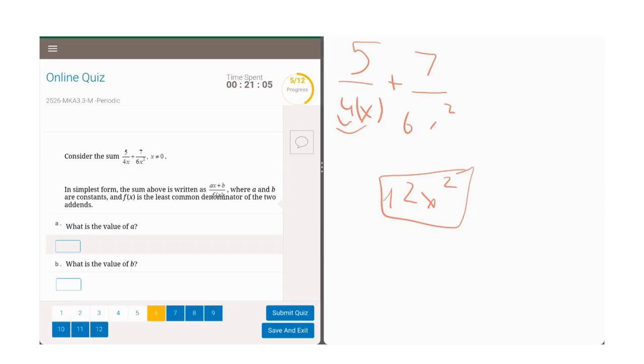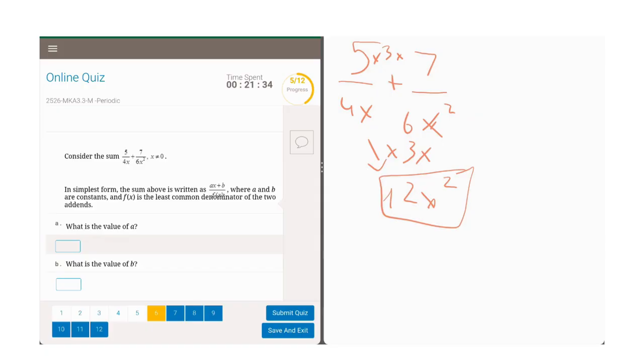So now we need to multiply every single fraction on both sides so that their denominator would be equal to this, the 12x squared. So 4x, so that it becomes 12x squared, we can multiply by 3x. So multiply by 3x as well.